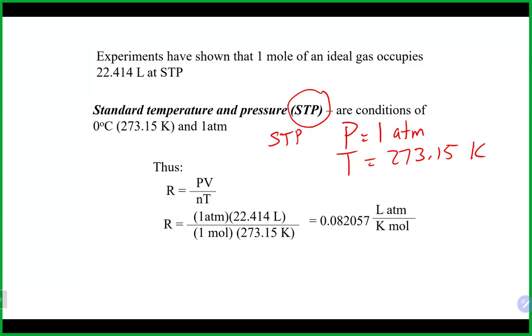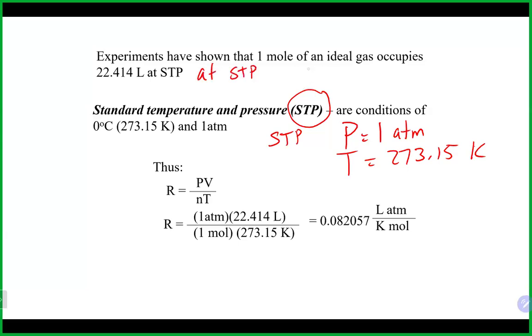So when you're given in a problem, what is the volume at STP? Those are the values that you could use to stick into the ideal gas law for temperature and pressure. If the pressure and temperature are not those values, then you are not at STP and you're at some other condition.